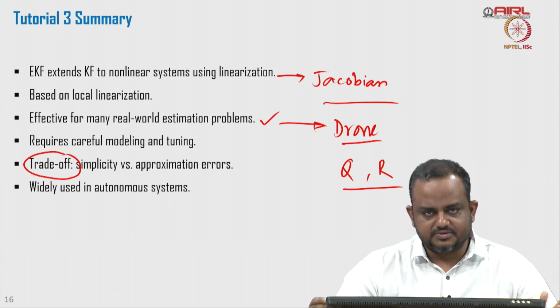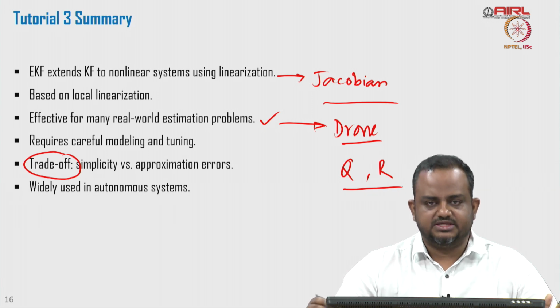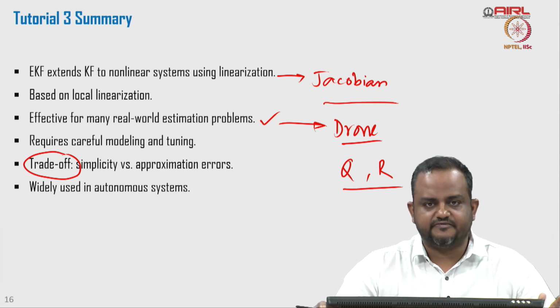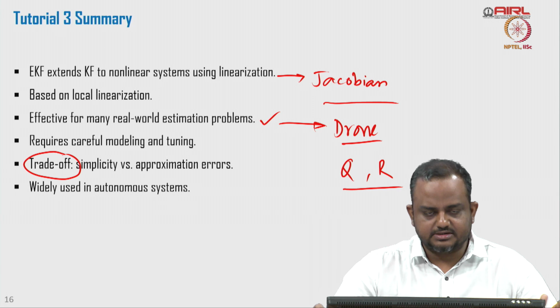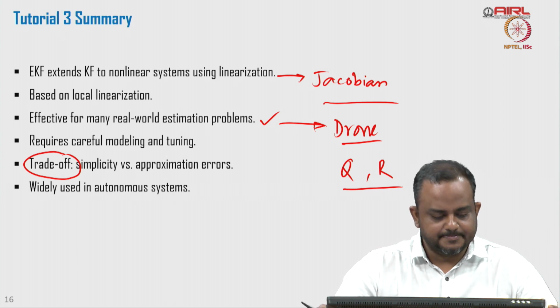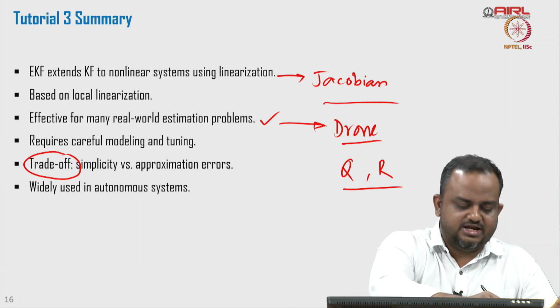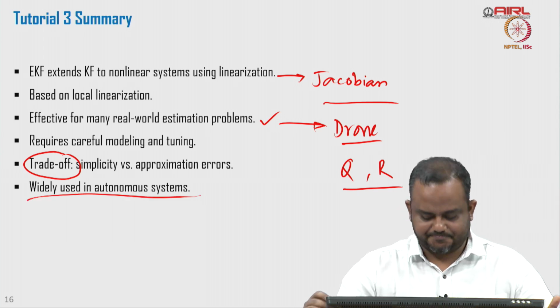However, we have seen that when strong nonlinearity comes into the picture, there will be some estimation errors, and that can be handled by other variants of filters like unscented Kalman filters, particle filters, etc. Since it works well for simple nonlinearity, it is widely used for autonomous systems.